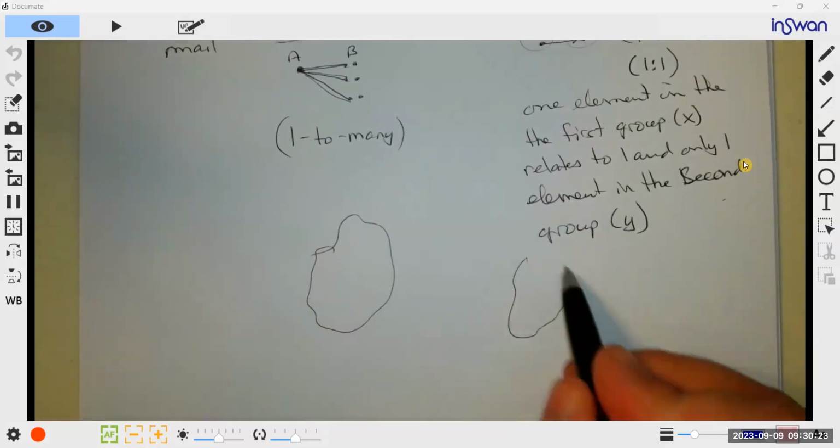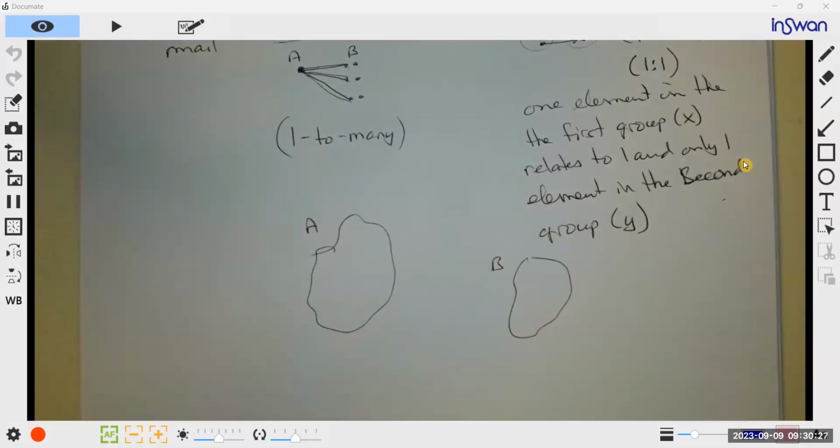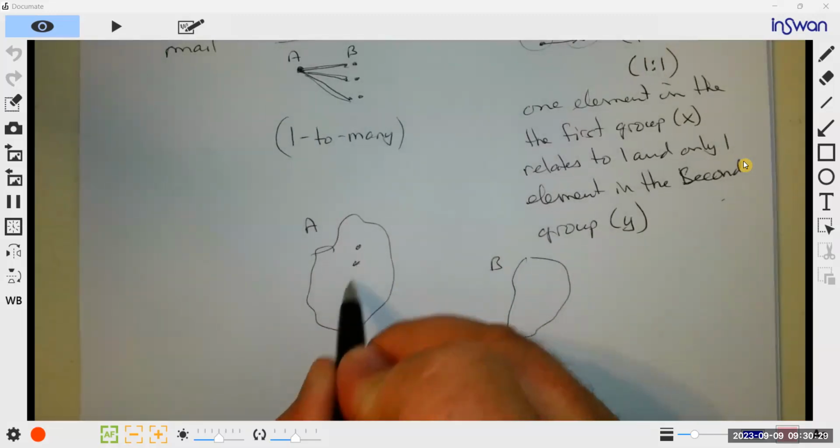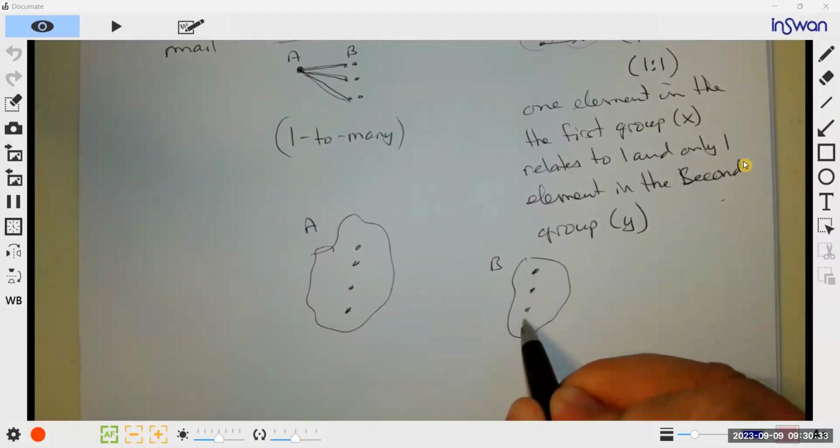Here's group A. Here's group B. You have elements inside there.